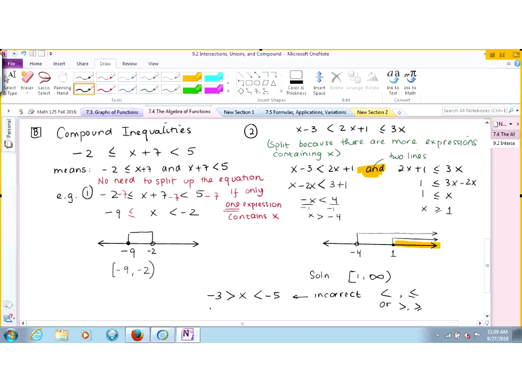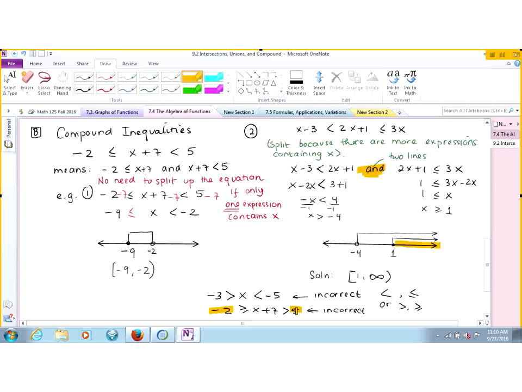What else is incorrect? Can I say something like this? Negative 2 is greater than or equal to x plus 7 is greater than 5. Why is it incorrect? Well, because how can negative 2 be greater than 5? Right?